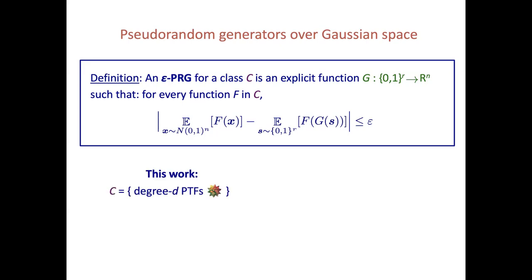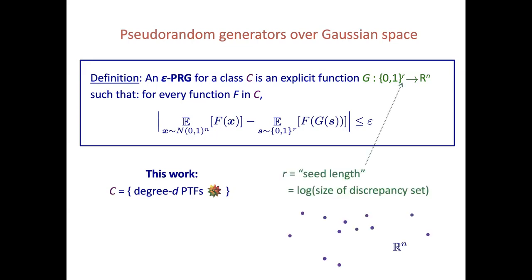We can consider the problem of constructing PRGs for all sorts of function classes. In this work, we'll focus on degree d PTFs. And to draw the connection between PRGs and discrepancy sets, we note that the image of a PRG is exactly a discrepancy set.